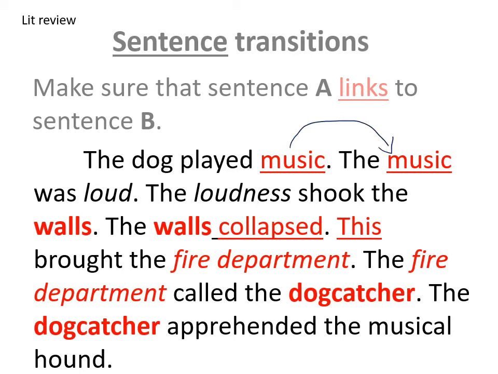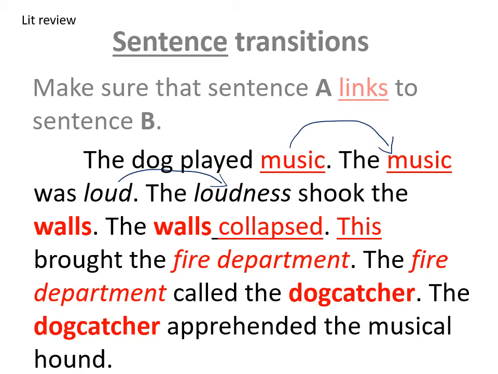So in this sentence we have a first part, "the music was loud," and a second part. "Loud" then appears here. Granted, these are very simple sentence structures, but it helps illustrate what we mean by transitions.